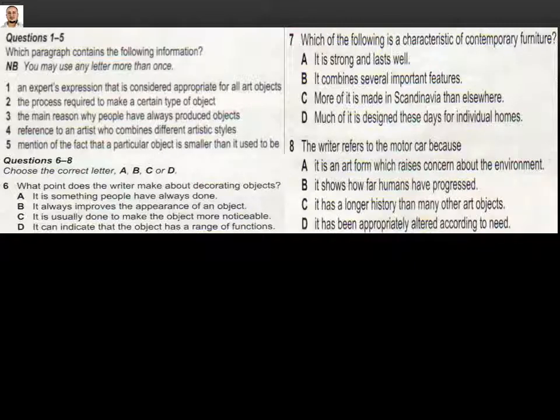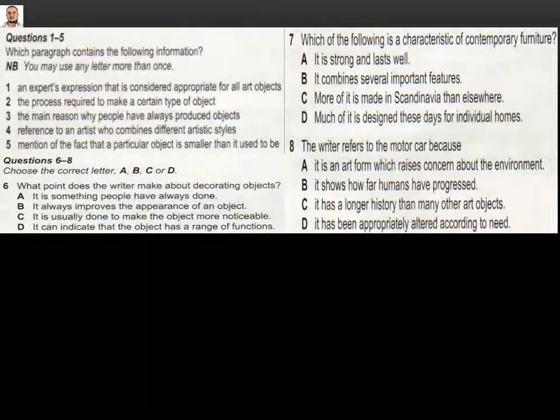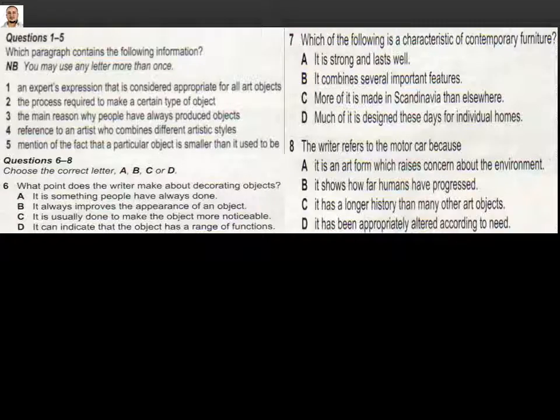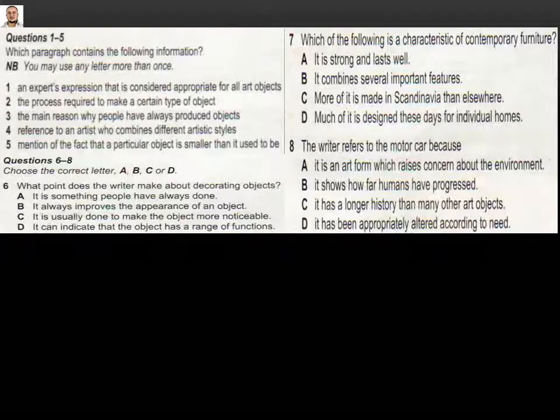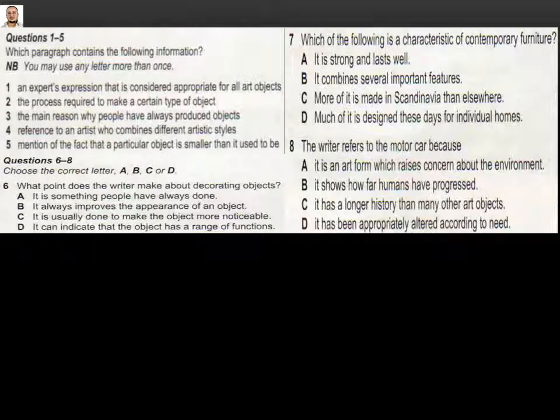D, much of it is designed these days for individual homes. 8, the writer refers to the motor car because it's an art form which, A, raises concern about the environment. B, it shows how far humans have progressed. C, it has a longer history than many other art objects. D, it has been appropriately altered according to needs.